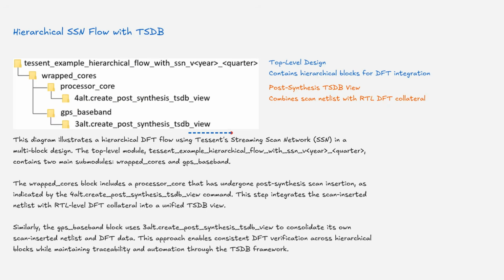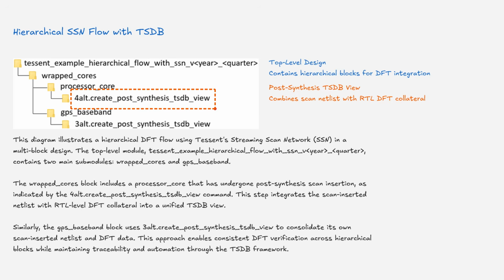This diagram illustrates a hierarchical DFT flow using Tessent's streaming scan network, SSN, in a multi-block design. The top-level module, Tessent example hierarchical flow with SSN v-year.quarter, contains two main submodules, wrapped cores and GPS baseband. The wrapped cores block includes a processor core that has undergone post-synthesis scan insertion, as indicated by the 4-alt create post-synthesis TSDB view command.